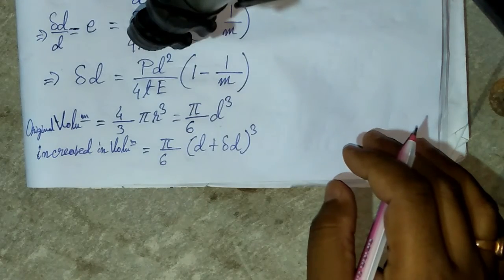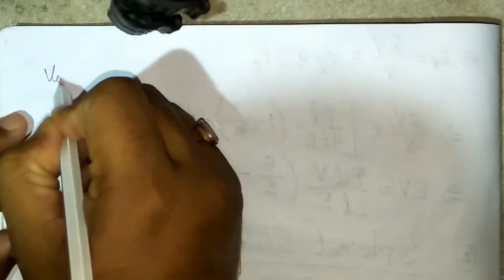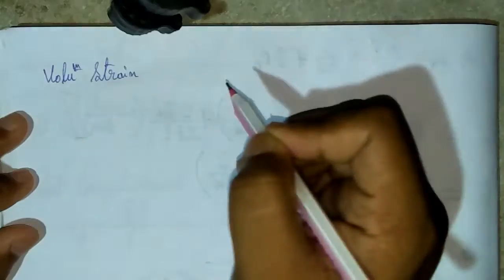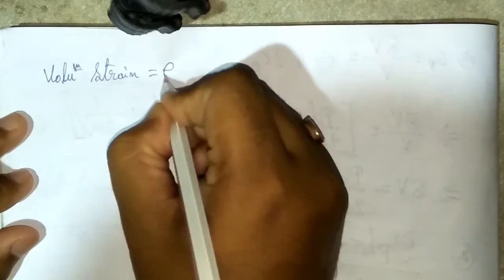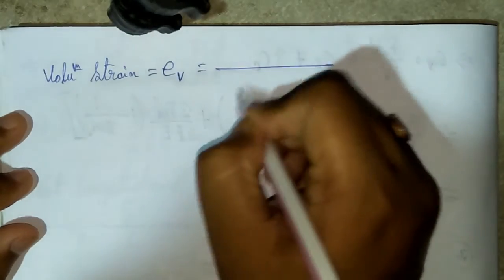Okay, so this is the increased volume. So the volumetric strain, e suffix v, equals change in volume by the original volume.